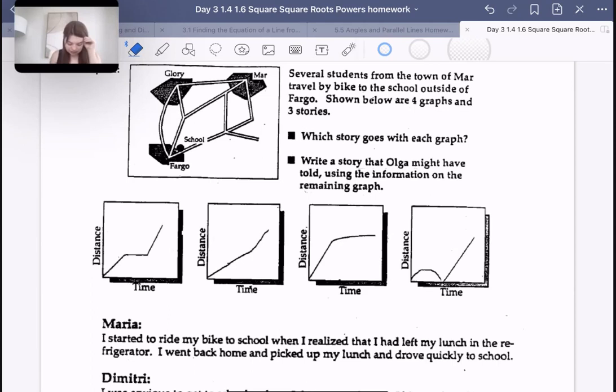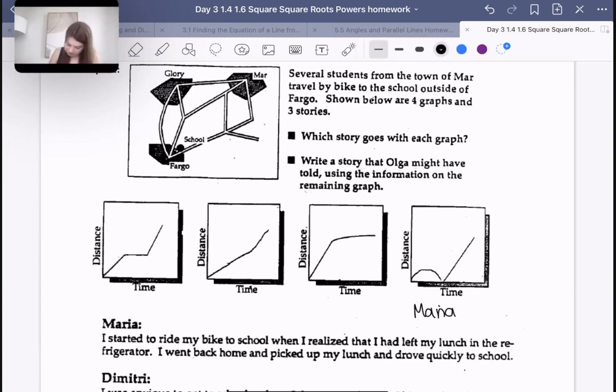So Maria says, I started to ride my bike to school. When I realized I left my lunch in my refrigerator, I went back home, picked up my lunch, and drove quickly to school. Okay, so with this one, I think it goes with graph 4, would be Maria's graph, and I'll explain why.